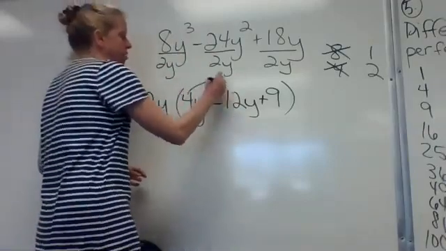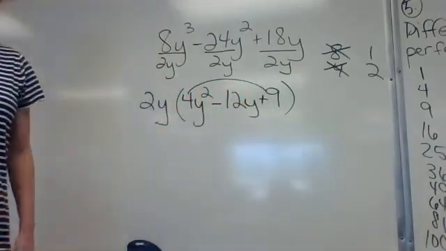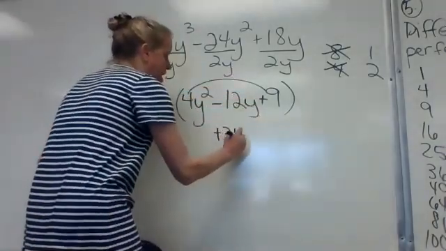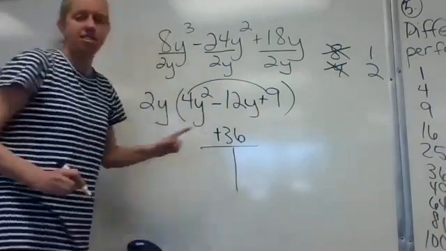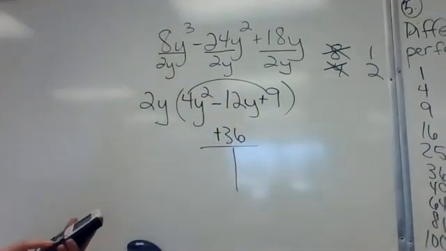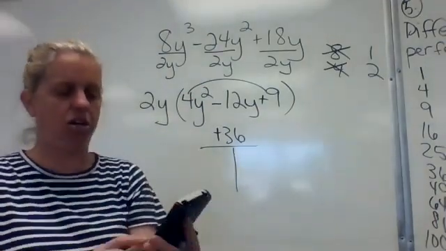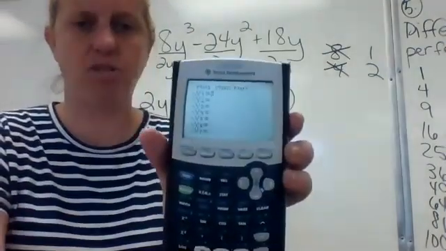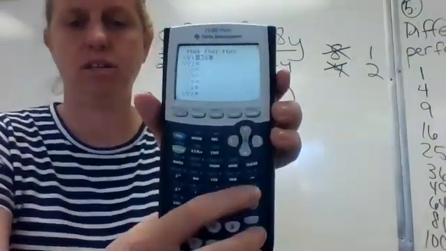So I've got to multiply my outside numbers. Positive 4 times positive 9 gives me positive 36. That's the number that's going in your y equals, right? That's what makes it the long method and not the good method. So positive 36 goes in your y equals.